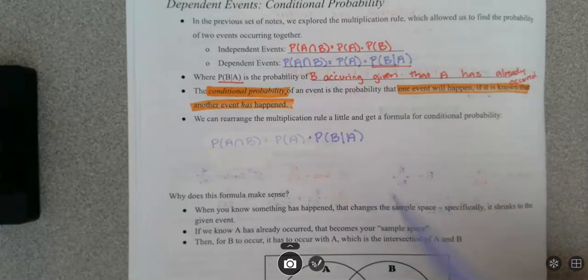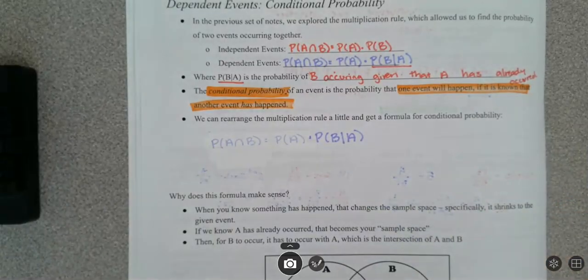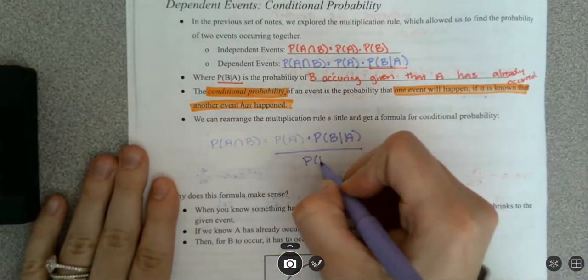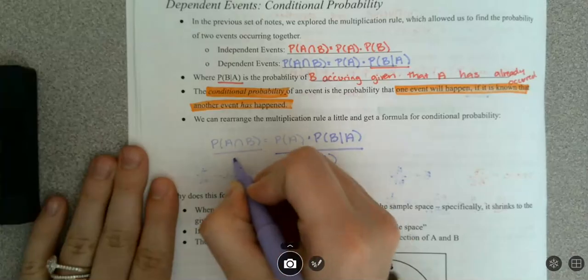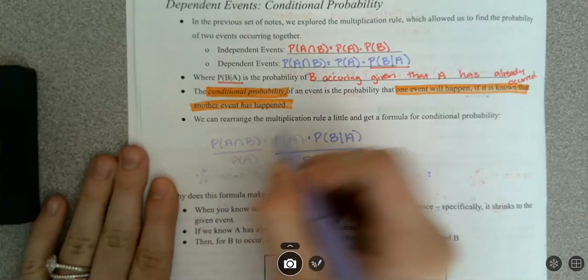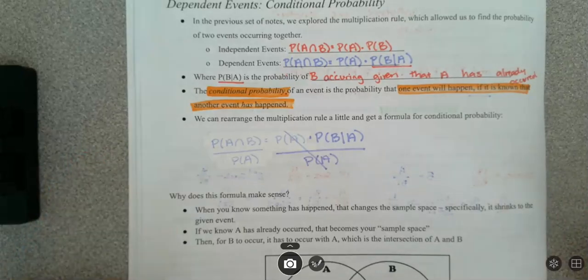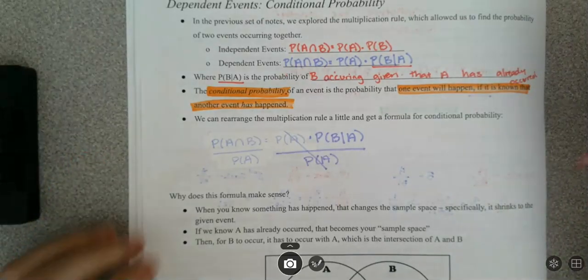Just pause and look at it for a little bit. Now I'm going to divide both sides by the probability of A. Now those eliminate, and I have a new formula.